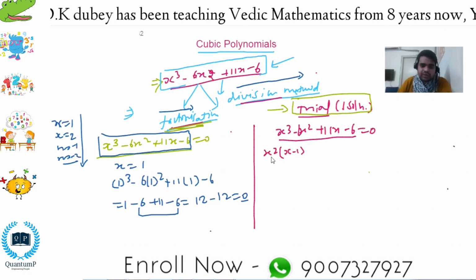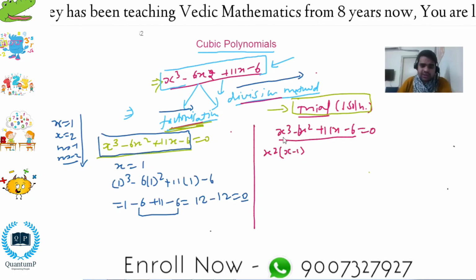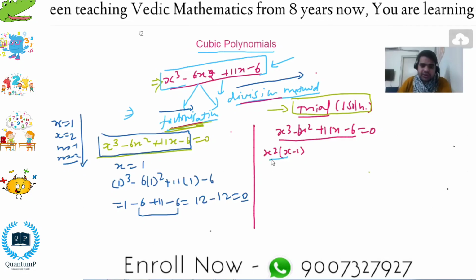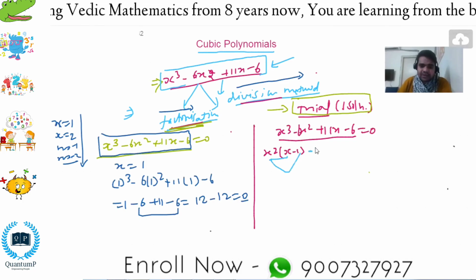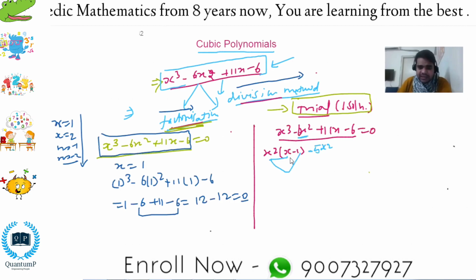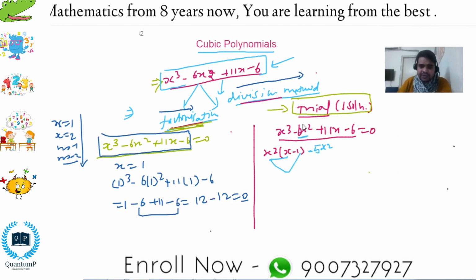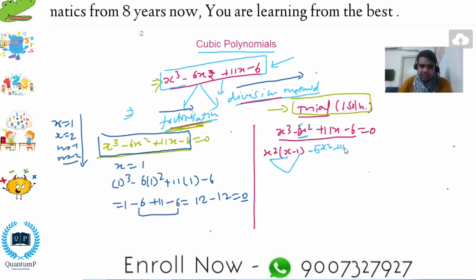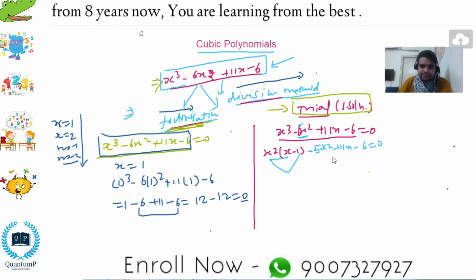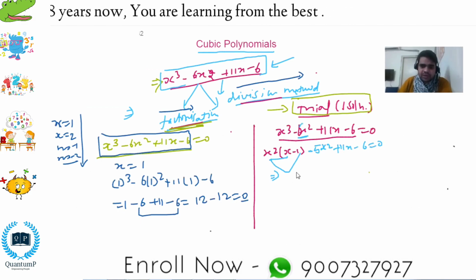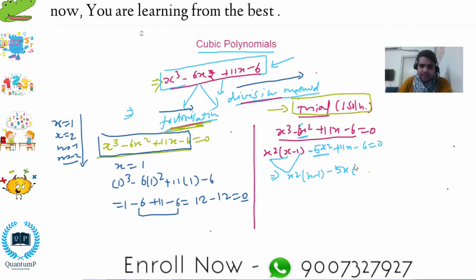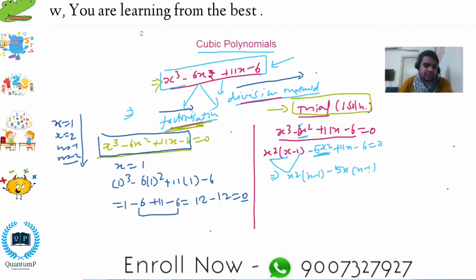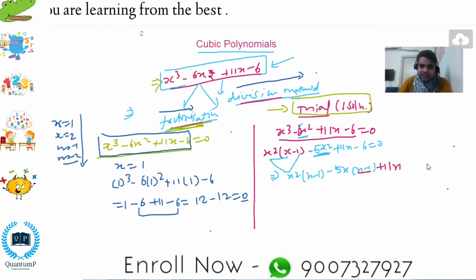Then x square into x gives x cube, and x square into minus 1 gives minus x square. But we have minus 6x square, so I'll write minus 5x square, because minus x square and minus 5x square give minus 6x square, and we copy the rest as it is.